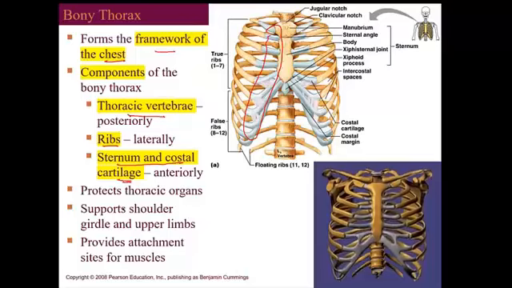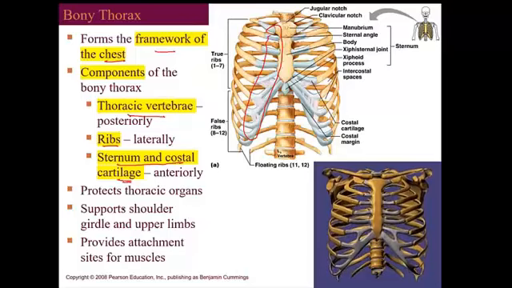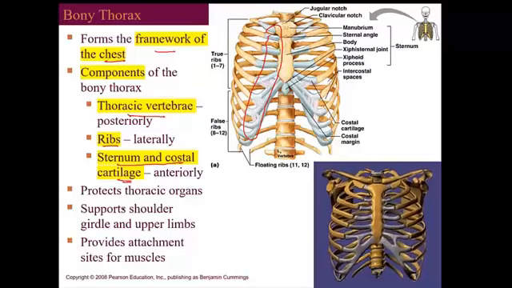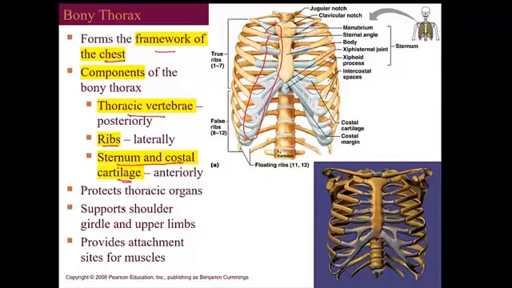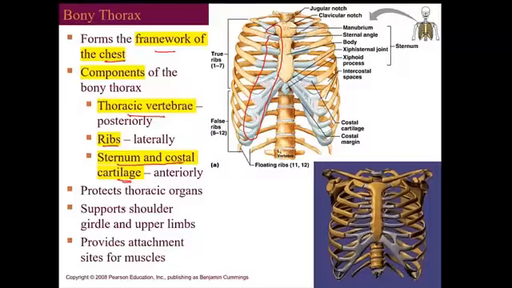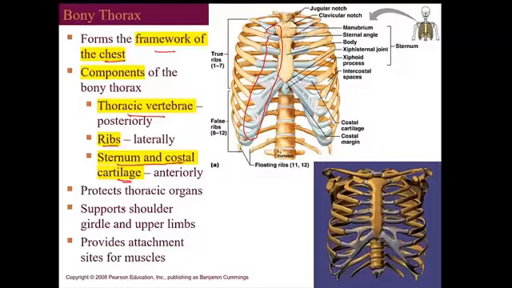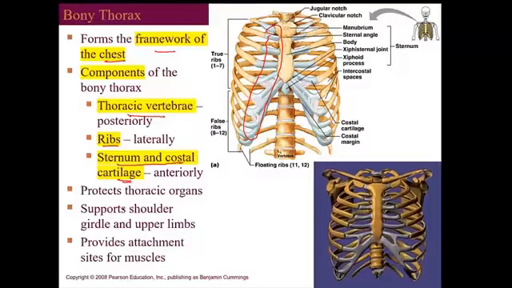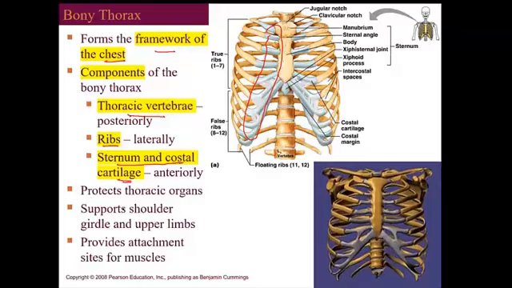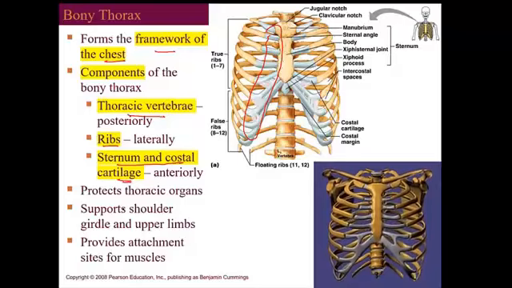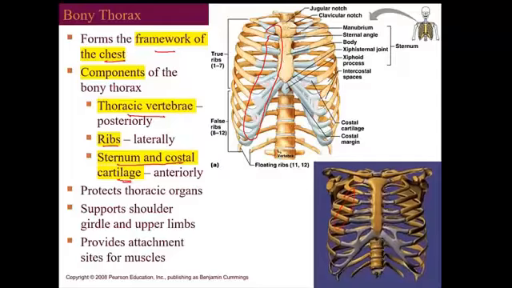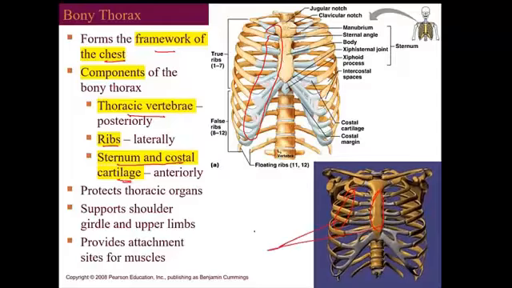So these are the components of the bony thorax. But remember, the vertebral column is by itself. The bony thorax is made out of the thoracic vertebrae, the ribs, the sternum, and the costal cartilage. But if you just say the thoracic cage, it's actually just made out of the ribs and the sternum. So these are the two components of your thoracic cage.